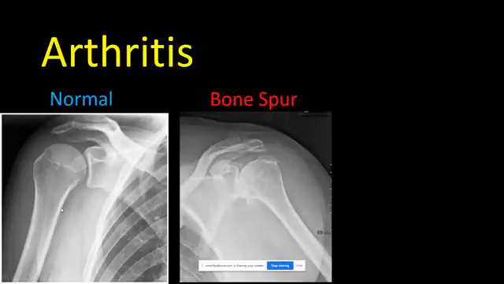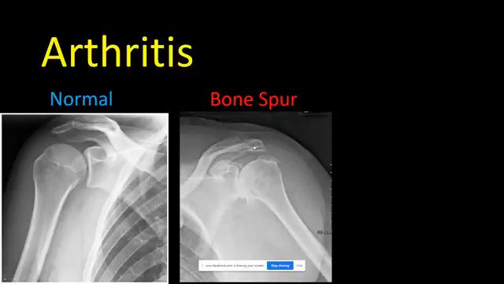So with arthritis, you'll see some extra calcification, or bone spurs, sometimes they're called. So if you see here, there's some calcification on the top of the head of the humerus right there, and then on the acromion here, that's the top of the shoulder blade.